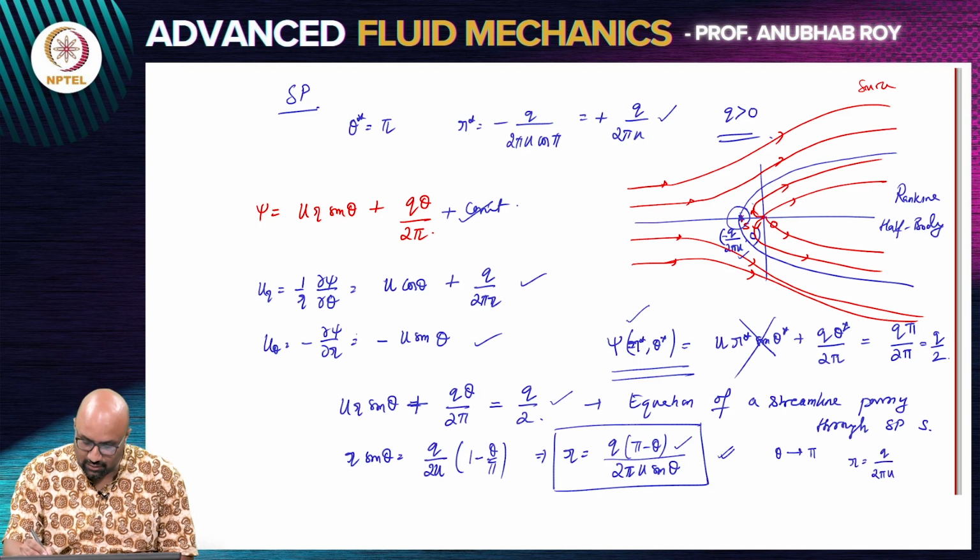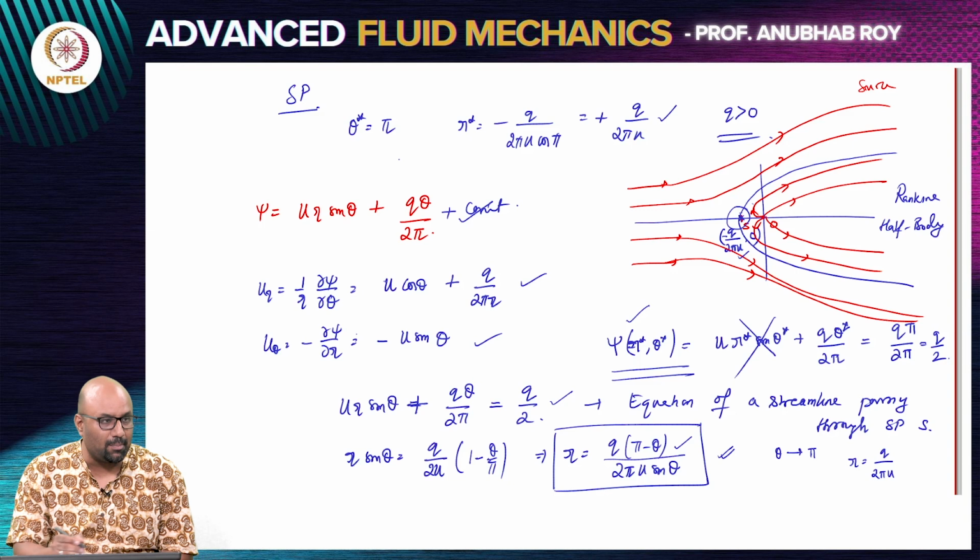So the location of the stagnation point in x and y coordinates is minus q by 2 pi u comma 0. In r and theta, it is q by 2 pi u comma pi.